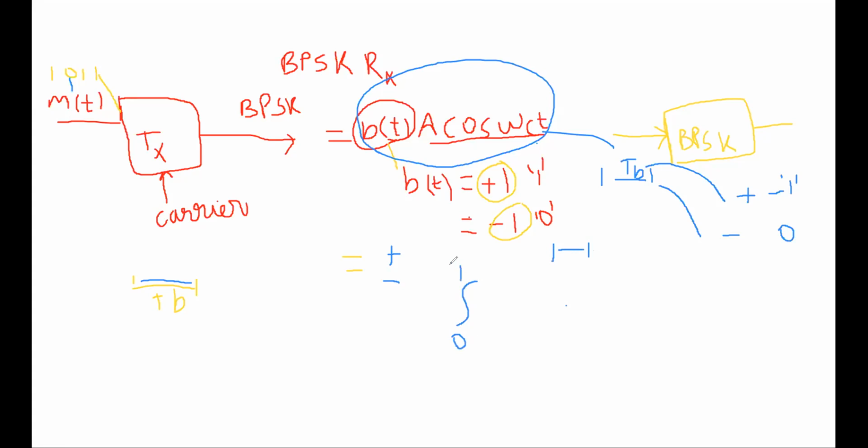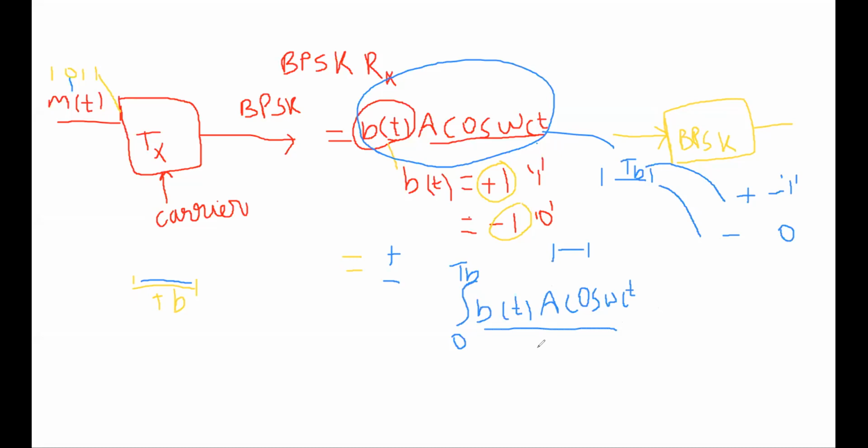It has to observe the signal B of t, A cos omega ct, for the given bit interval 0 to TB, and by observing this signal it has to detect whether it is logic 1 or logic 0. So it will use an integration. Integration will add all the values of this signal in that bit interval TB, and then it can take its division by TB.